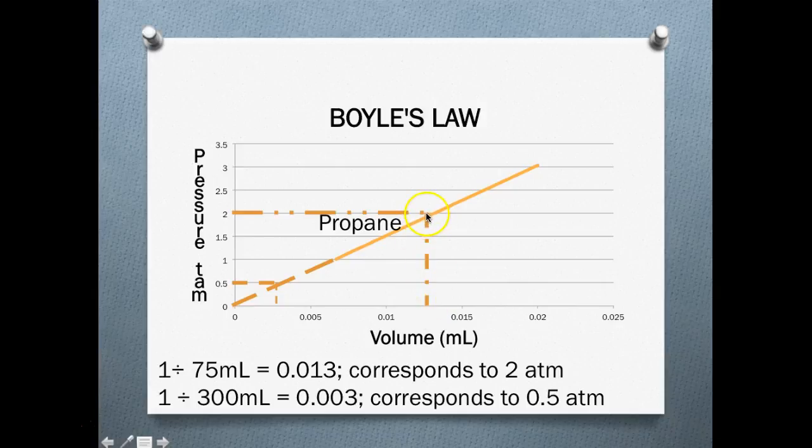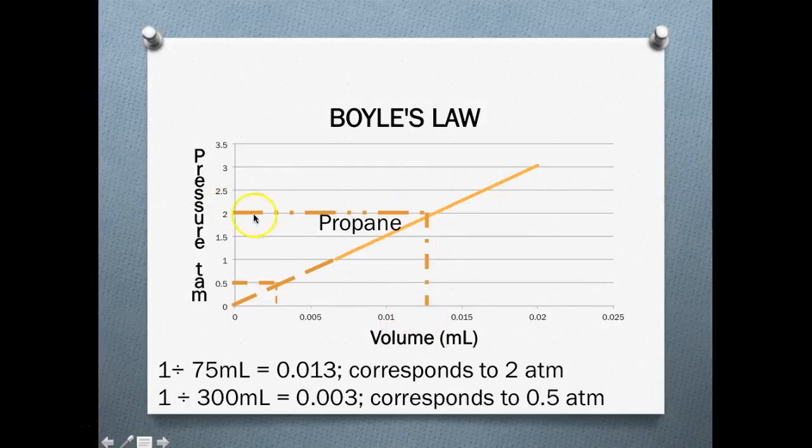And then if you look at the corresponding pressure, this is around 2 atmospheres. 1 divided by 300 is 0.003, which is around here, and then you will see that the corresponding pressure is 0.5 atmosphere.